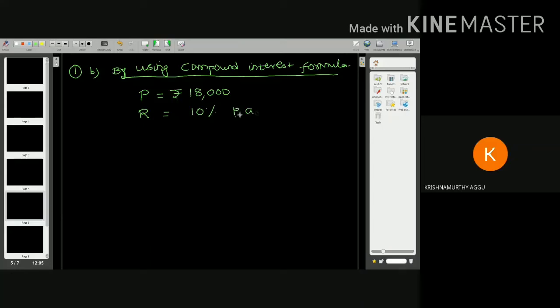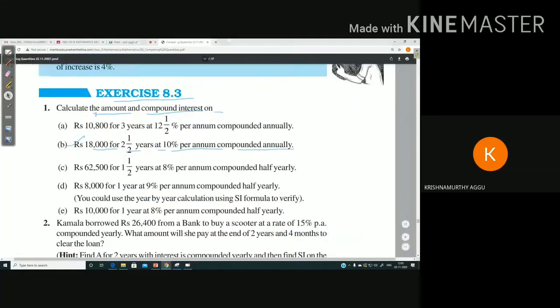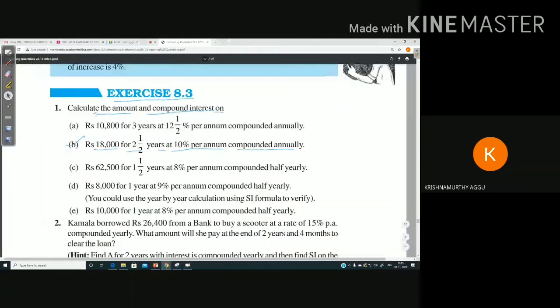P for per, A for annum. Annum means per year, so 10 percent per year. Next, one more thing is given, that is 2.5 years, the time period when we are applying the formula of compound interest.